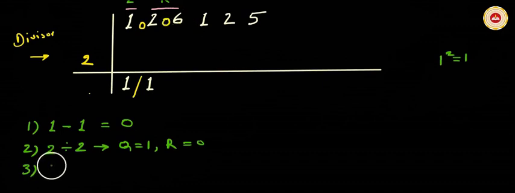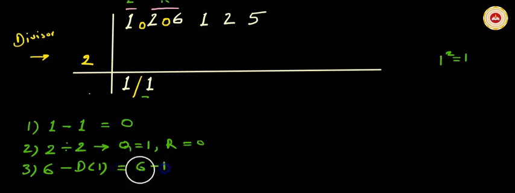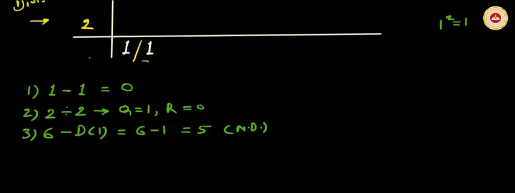Write gross dividend, which is 6, minus duplex of the first quotient digit 1, which is equal to 6 minus 1, because the duplex of a single digit is the square of that digit, which is equal to 5, and this 5 is our net dividend.